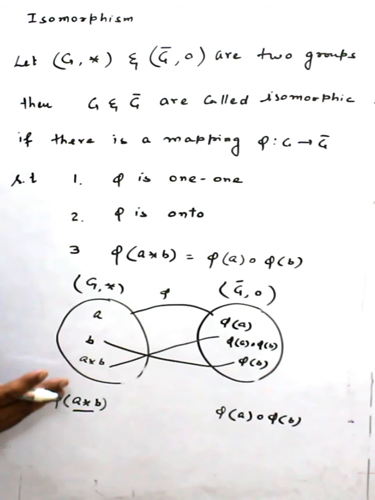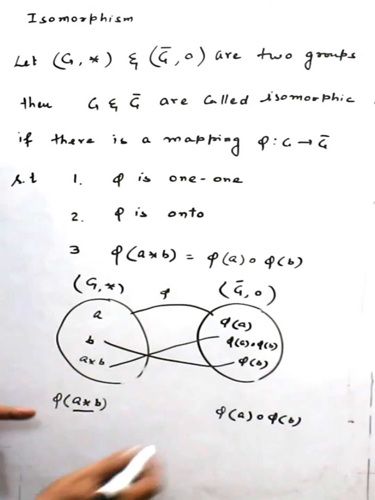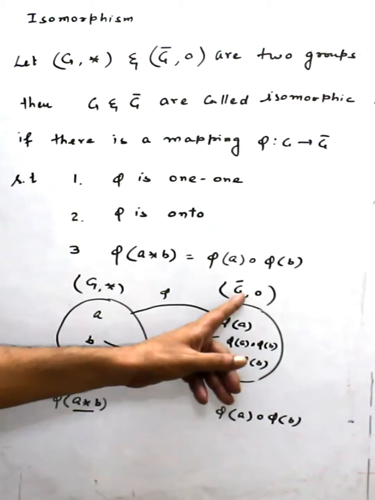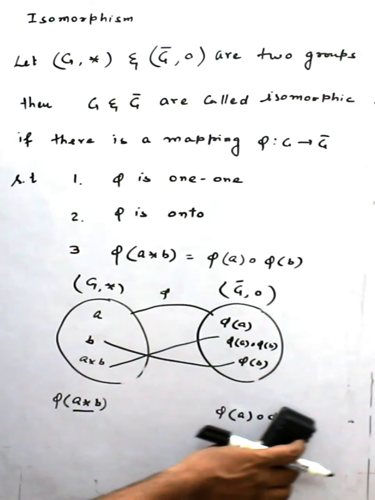That means this element must be there, and the operation on the right side will be the operation of G bar. See, by example we can understand this.